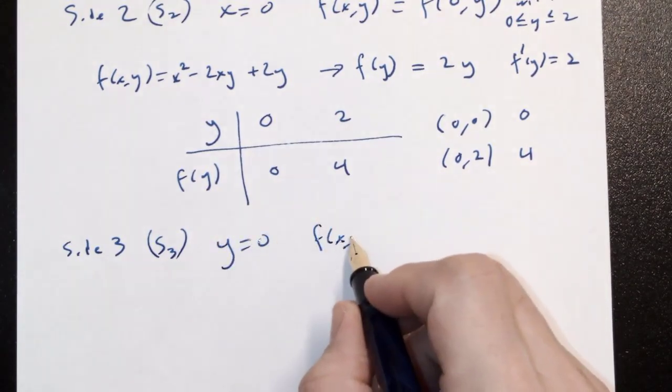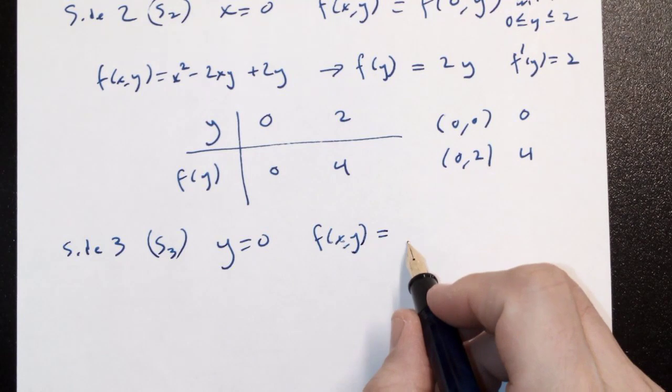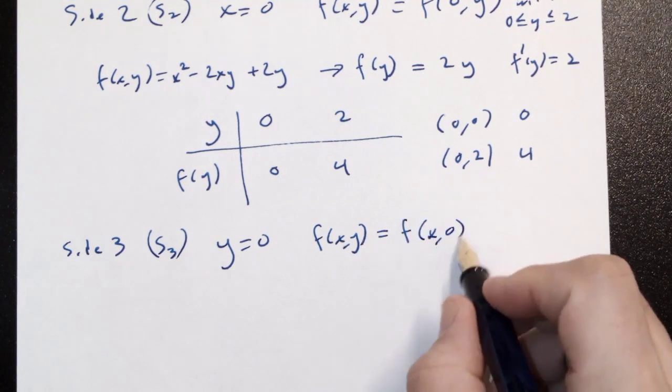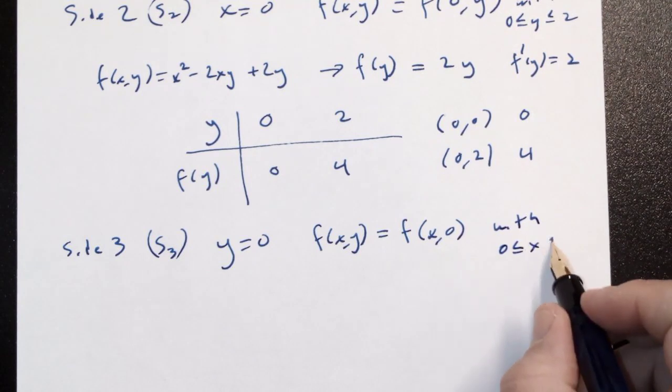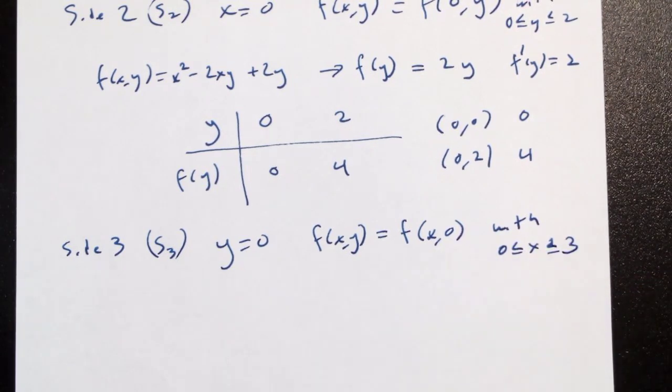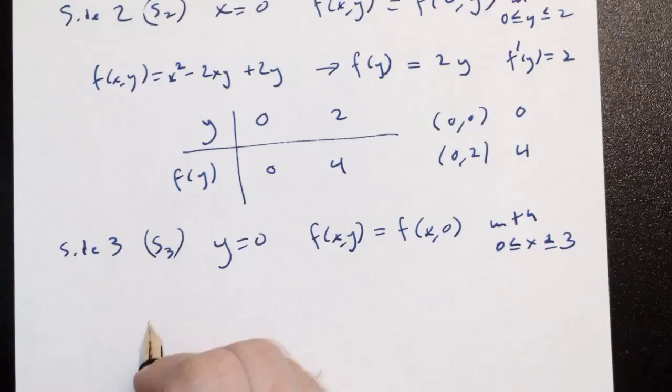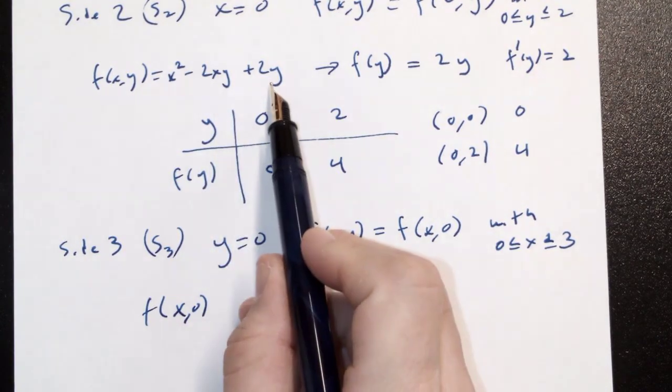So f of x, y becomes f of x, 0, and x goes from 0 to 3 across the bottom of the rectangle. Okay, wait a minute. What's f of x, 0? Put in a 0 there.